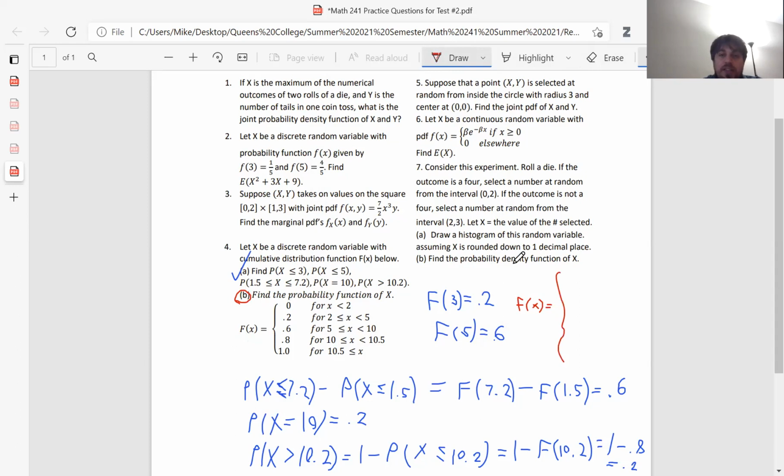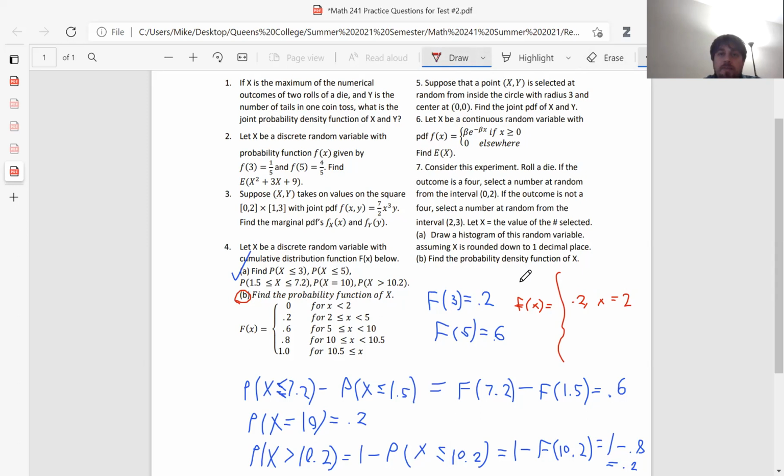So little f of x is 0 for x less than 2, because the cumulative function is 0. Now when x equals 2, there's a jump from 0 to 0.2, so the jump is 0.2. Then the cumulative distribution function stays the same, so little f is 0 here, and everywhere else.